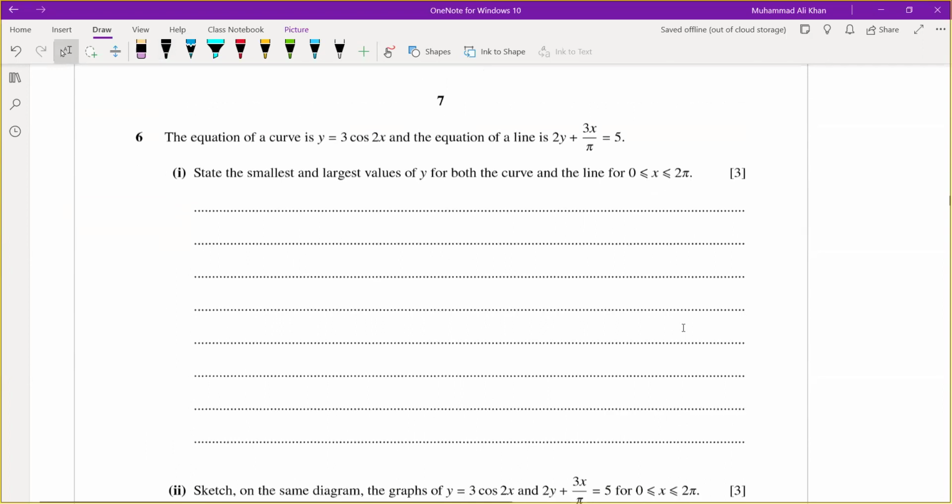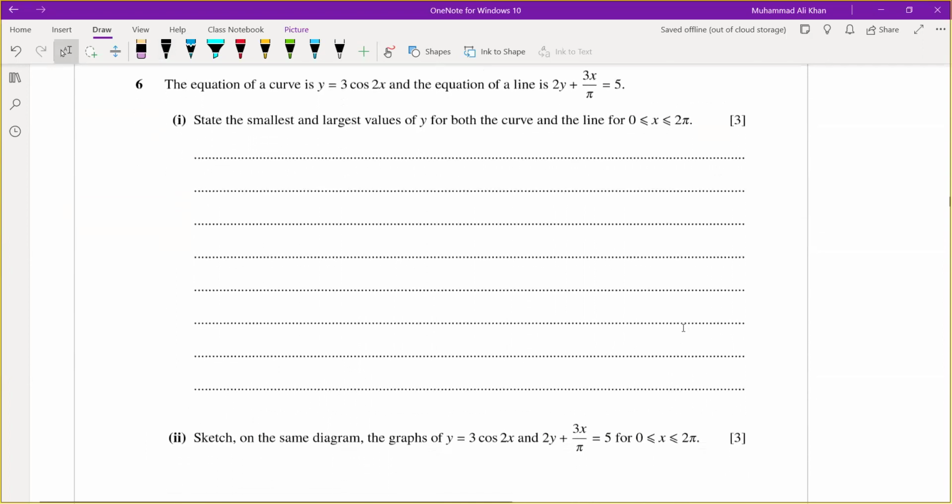Question number 6, again a question of trigonometry, I think. Yes, the equation of the curve is given, and what we have to find are the smallest and the largest values of y for both the curve and the line.